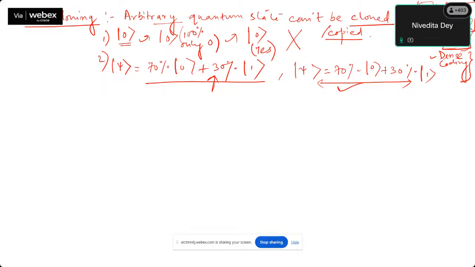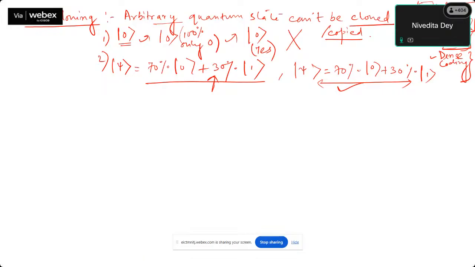Until she measures it from this superposed state, she cannot predict the probability amplitude of ket 0 or of ket 1, so that according to the values of alpha and beta she could recreate it and send it back to Bob. So this is not possible.